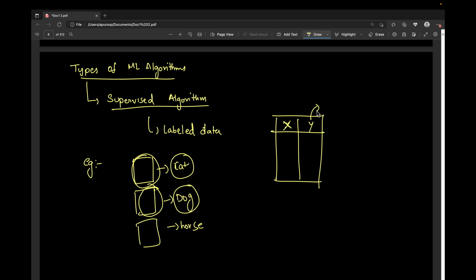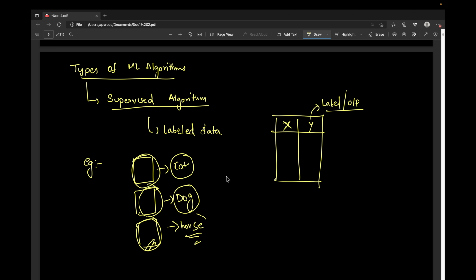Output we can also call a label, so don't get confused if I use them interchangeably. Here we give this particular input image and the output as horse.